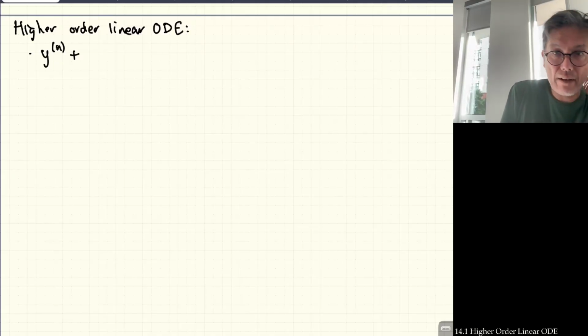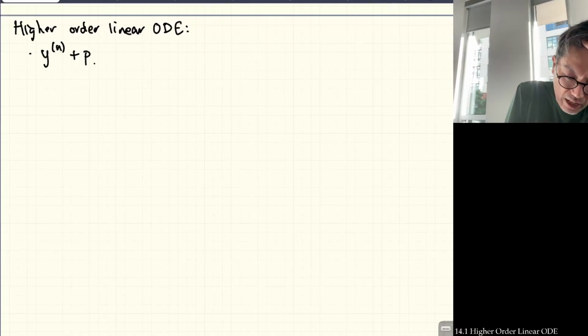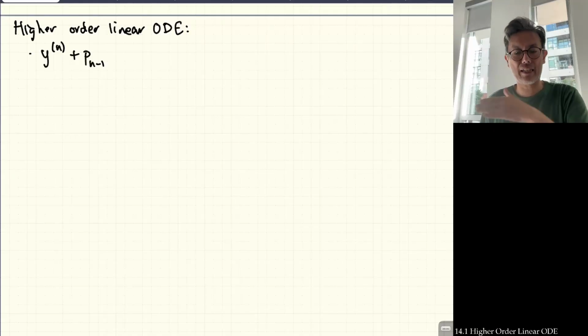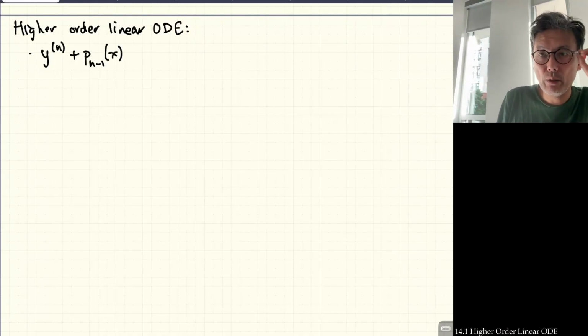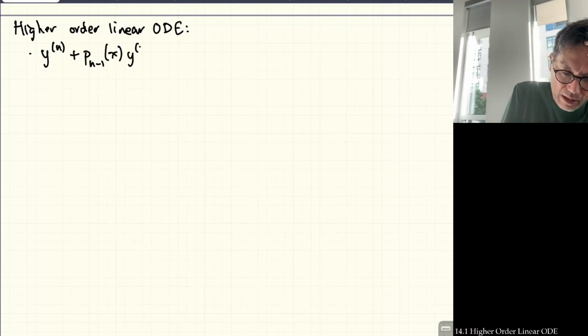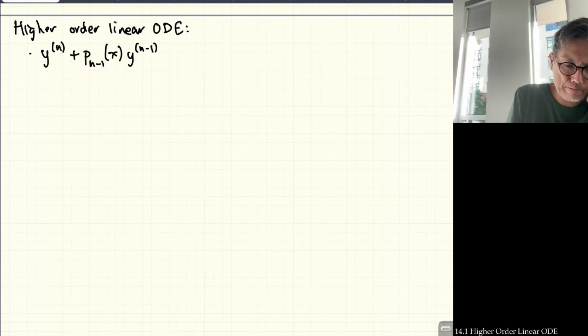And then we're going to have a bunch of terms which look like a function, and I'm going to use subscripts to index them. And to indicate that it's a function of the independent variable, p sub n minus 1 of x, and then times the n minus first derivative. So you can see that this index here is paired with the order of the derivative that we're taking of y. Okay, and we keep going like this.